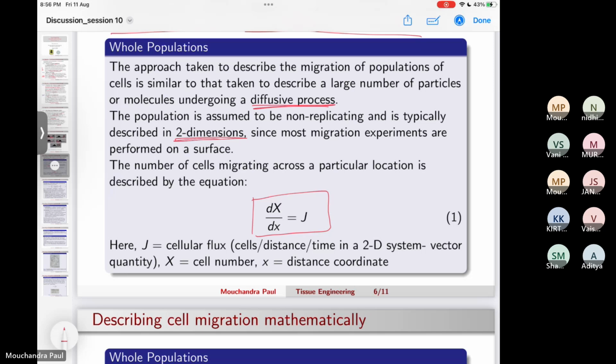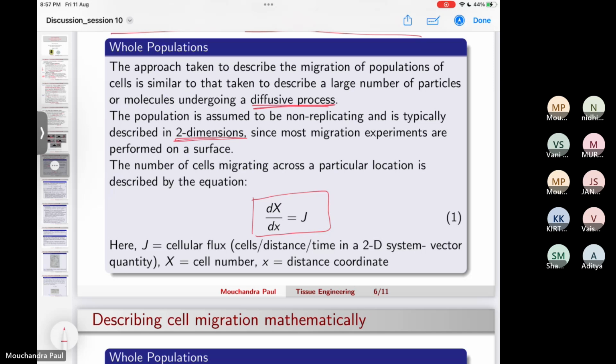Flux basically says how much of anything, say current or here in this case cells, is moving across a particular area in a unit time. So a time factor is also there while describing flux. The rate at which some substance is moving through an area is the general definition of flux.